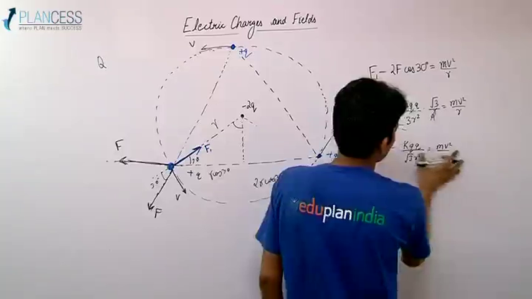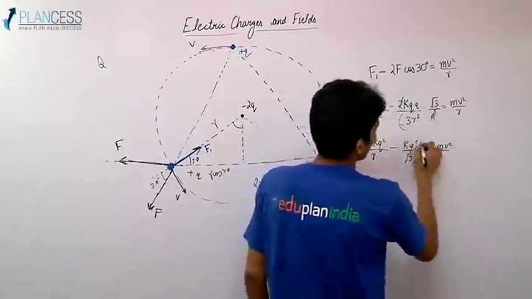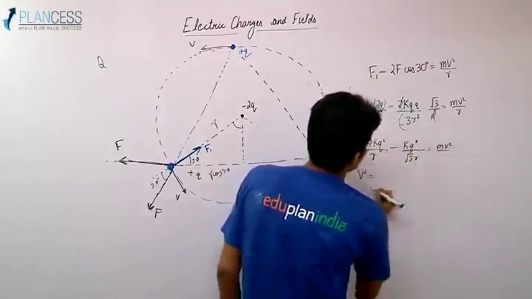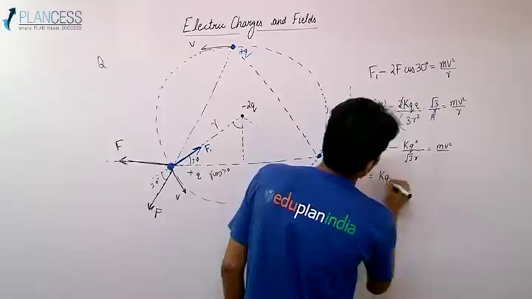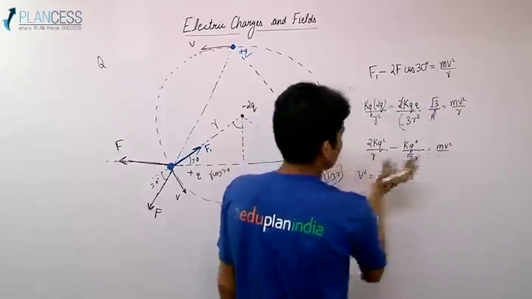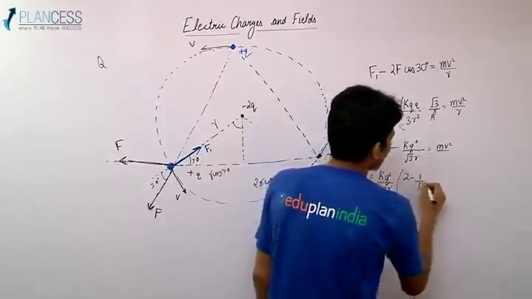So this r gets cancelled out with one of the r's, and this is q square basically. So v square can be written as kq square by mr into 2 minus 1 by root 3.